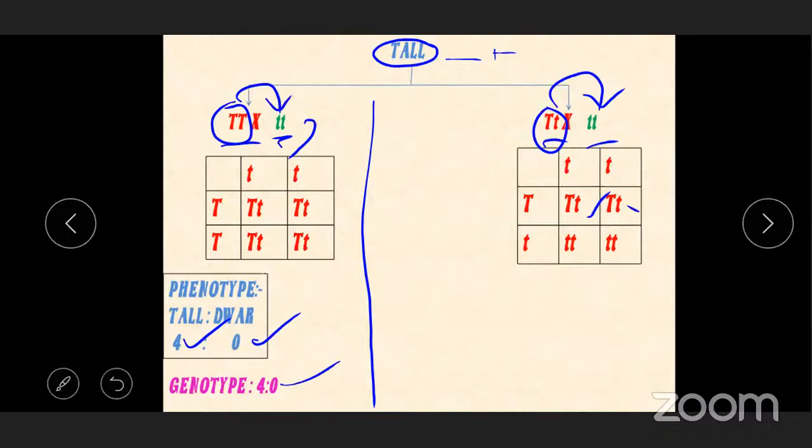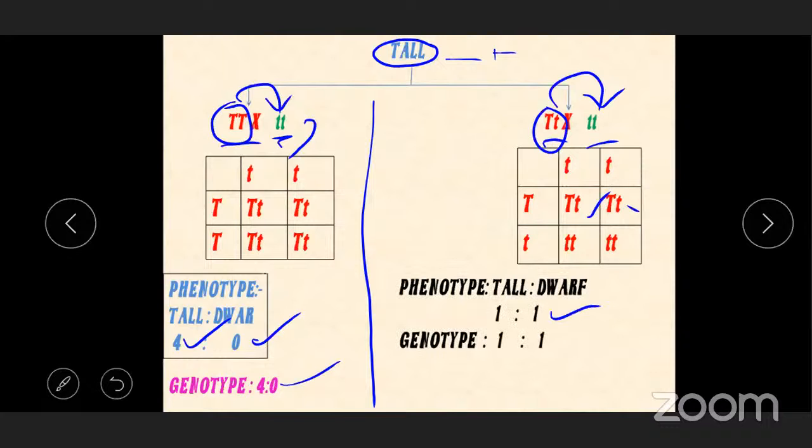Phenotype tall is to dwarf is 1:1. Genotype heterozygous tall is to homozygous dwarf is 1:1. Here also the phenotype ratio and genotype ratio are both the same in nature.